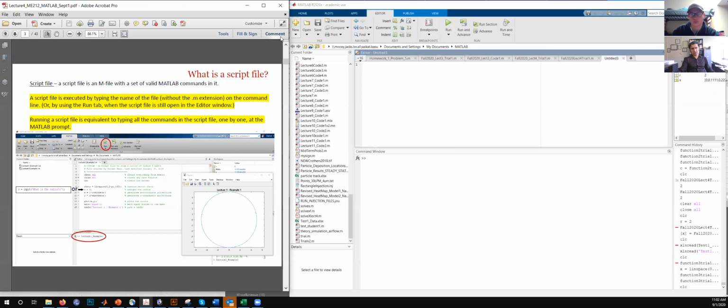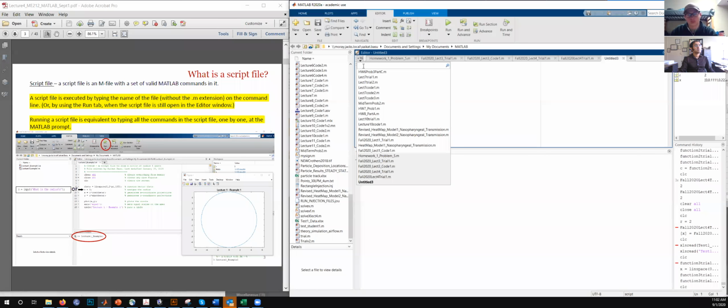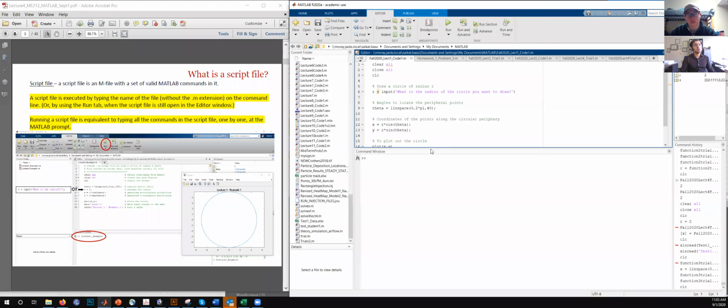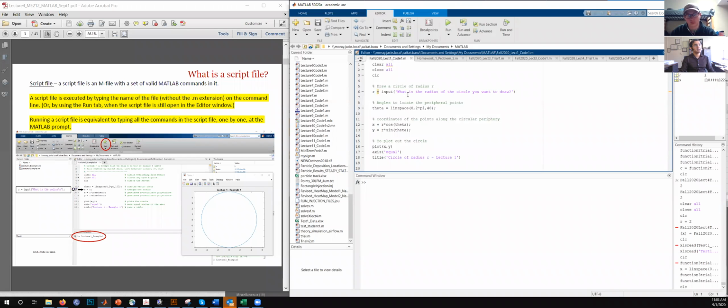You guys can see my screen, right? The MATLAB screen, yeah. Okay, so let's go back to the code that we wrote in the first lecture, which should be here. Okay, so this is the code that we wrote in the first class.